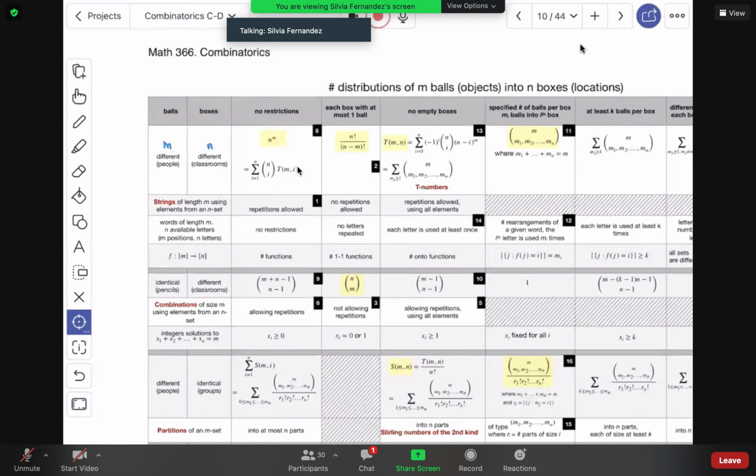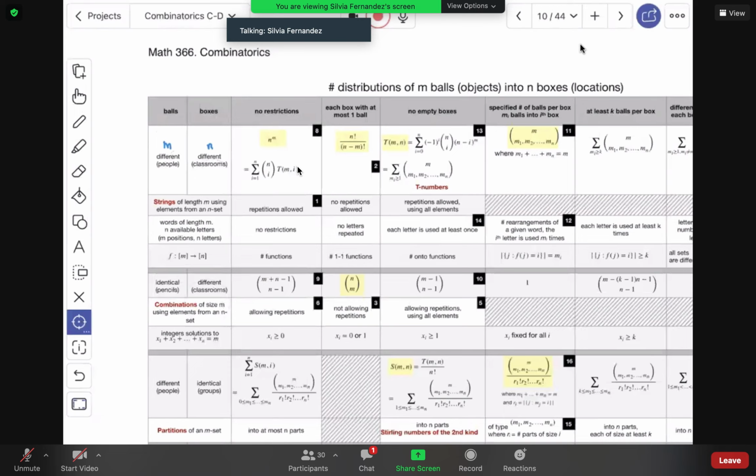I have all the different options, same as before: different, identical, different, identical. Okay, so it's the same as we had earlier. But now I have some other examples of problems that you can identify with these standard ones.